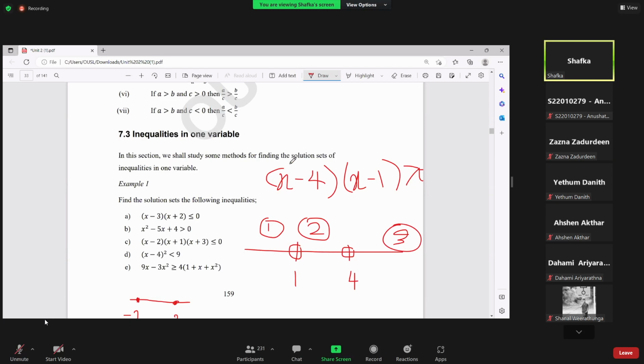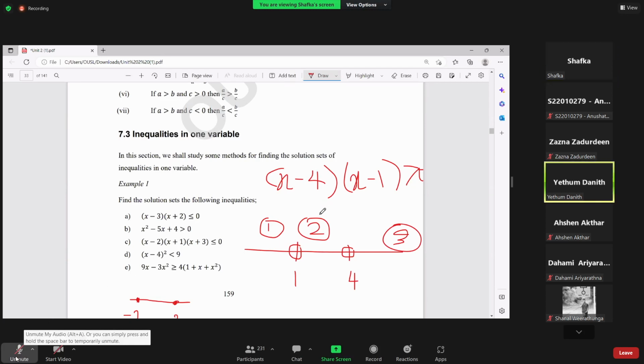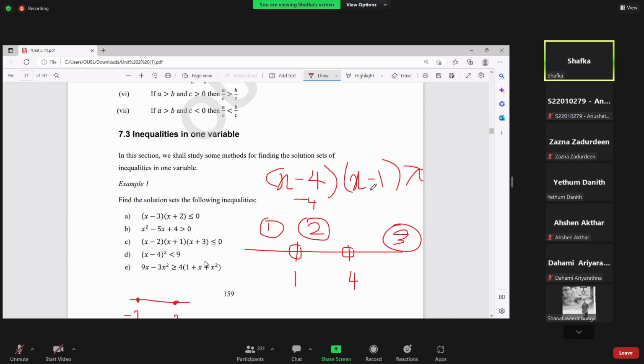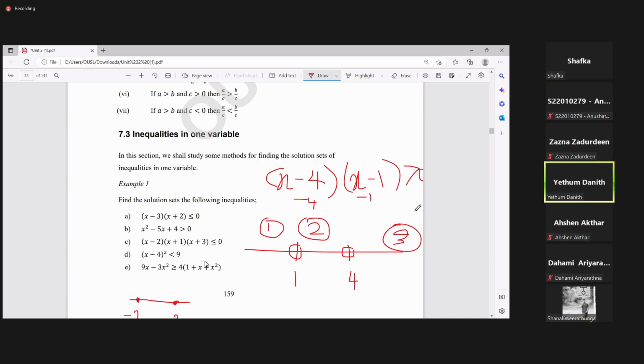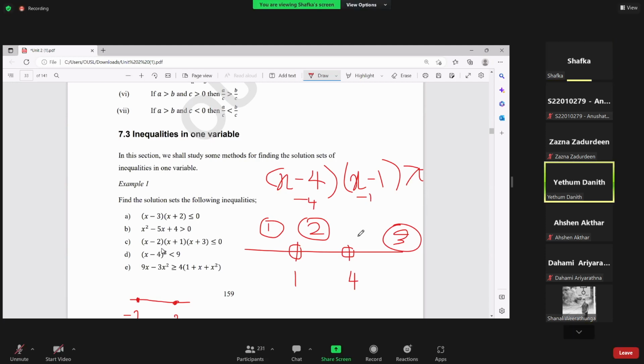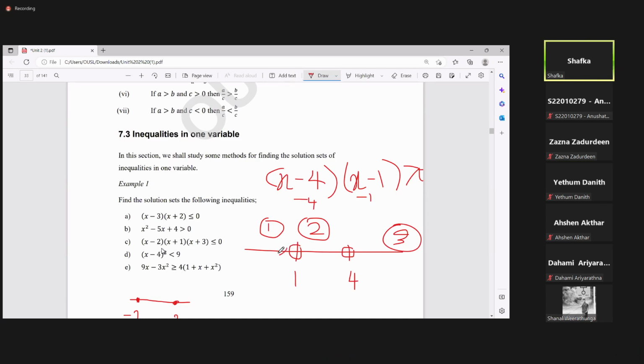When we consider 0, what happens to this bracket? -4. For this one, -1. Altogether, 4. It's a positive number. That satisfies the inequality, isn't it? Yes.